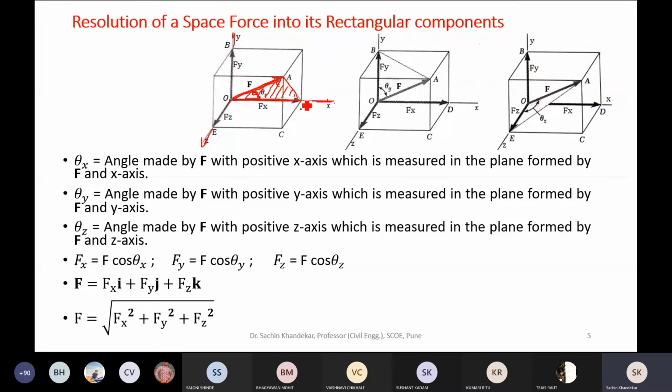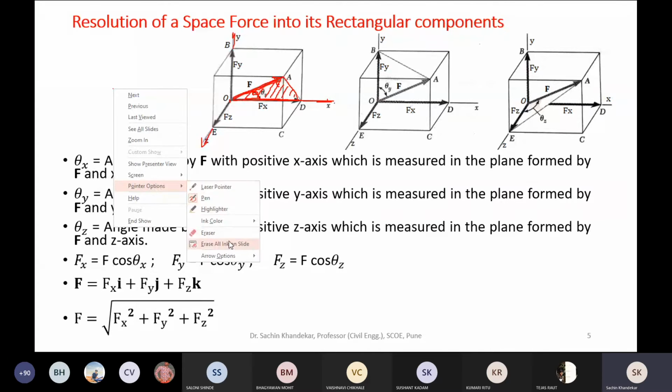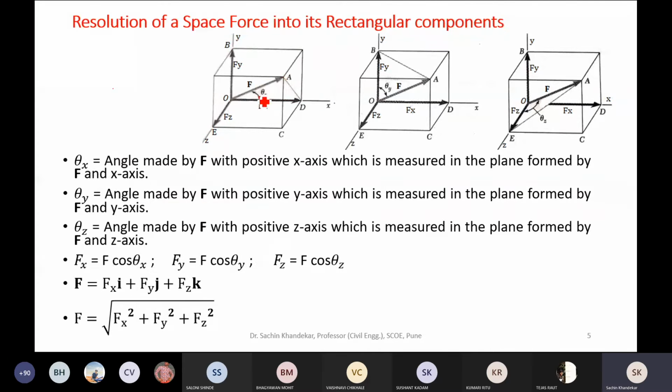Just please imagine. I hope you are getting what I'm saying. So here theta x is the angle made by F with respect to the positive x-axis, and theta x is measured in the plane formed by F and that respective axis.